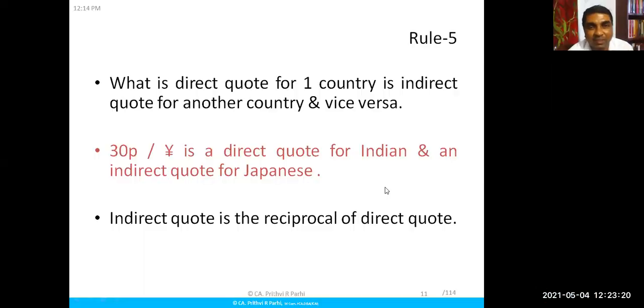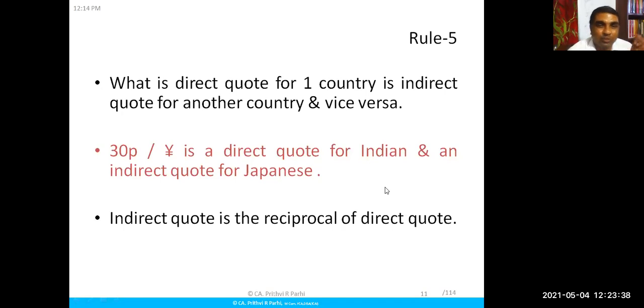Now just one more concept before I close today's session. I would like to introduce you to this rule. You already know this by this time: what is a direct quote for one country is an indirect quote for another country. That means what is a direct quote in our example for India is an indirect quote for the UK, and what is a direct quote for the UK is indirect for India.